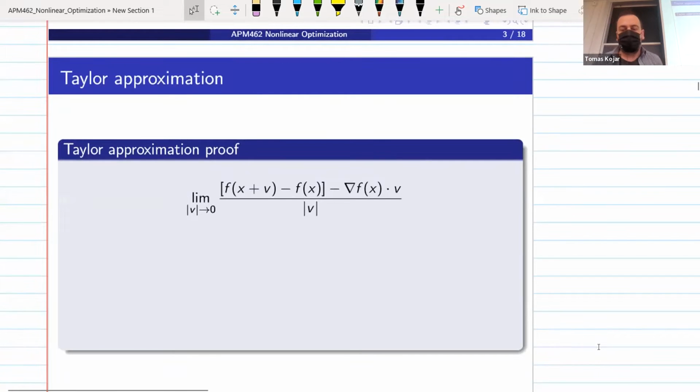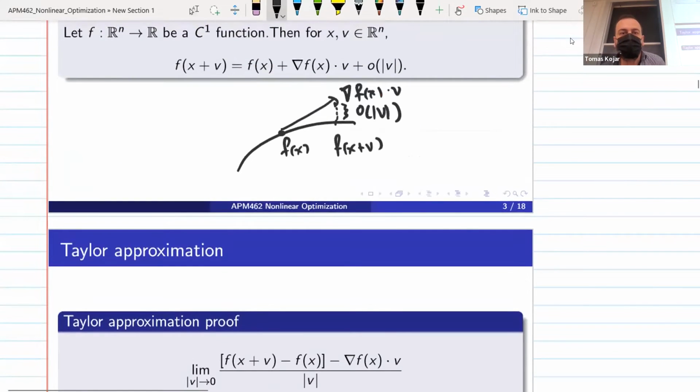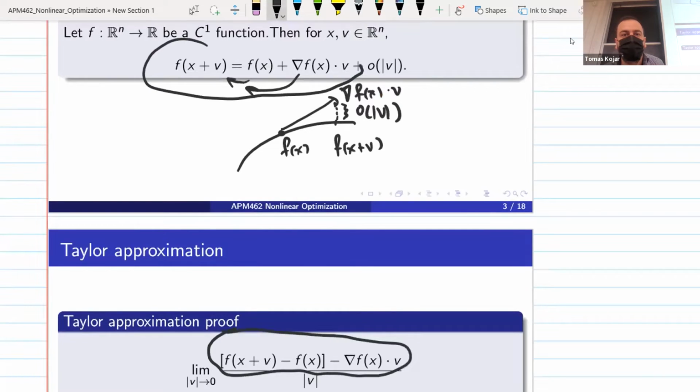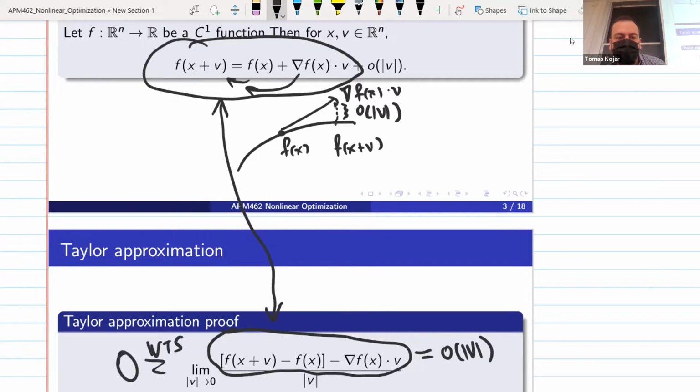So this is the guy on the right hand side. Let me show you why. So you just move everything to the left, and you're left with this entire thing, right? Is that okay? You move everything to the left, and you want to show that this goes to 0 as the norm of v goes to 0. So I want to show this is 0. That's all.